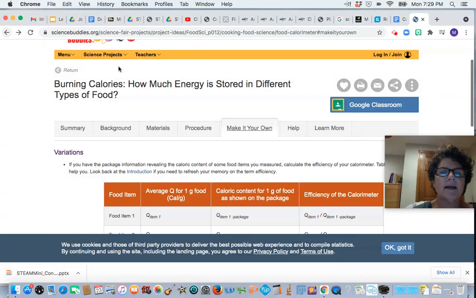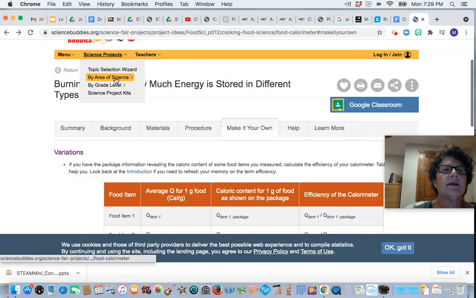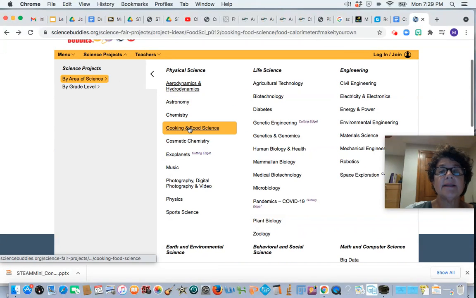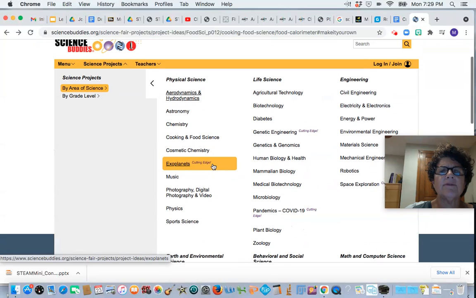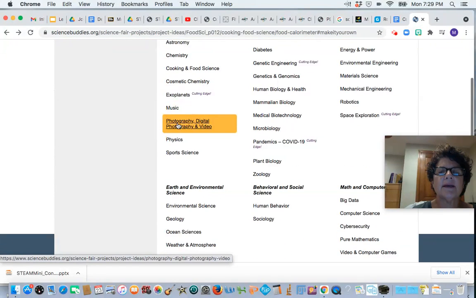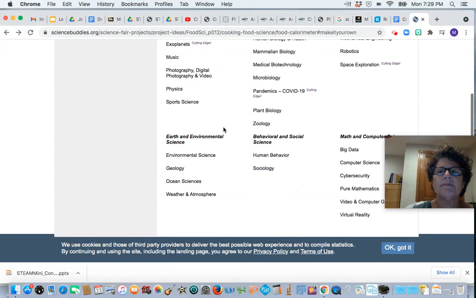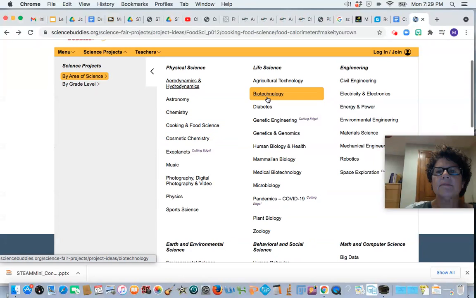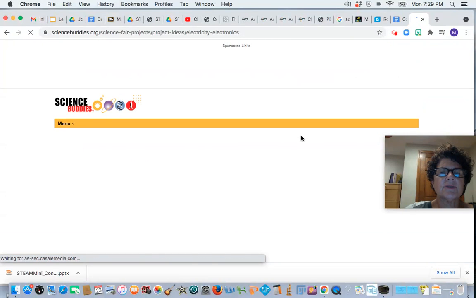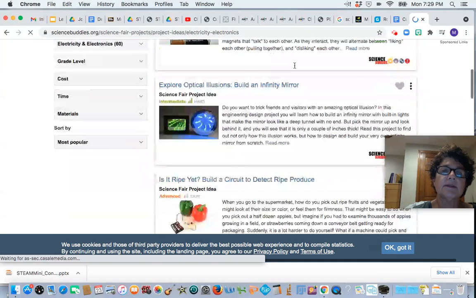I'm going to go back. Well, actually, I'll go this way by area of science, because that one had a lot of math in it, but not all of them do. I love the chemistry and cooking chemistry ones, but let's hit on electricity, see what comes up. Build a simple electric motor.